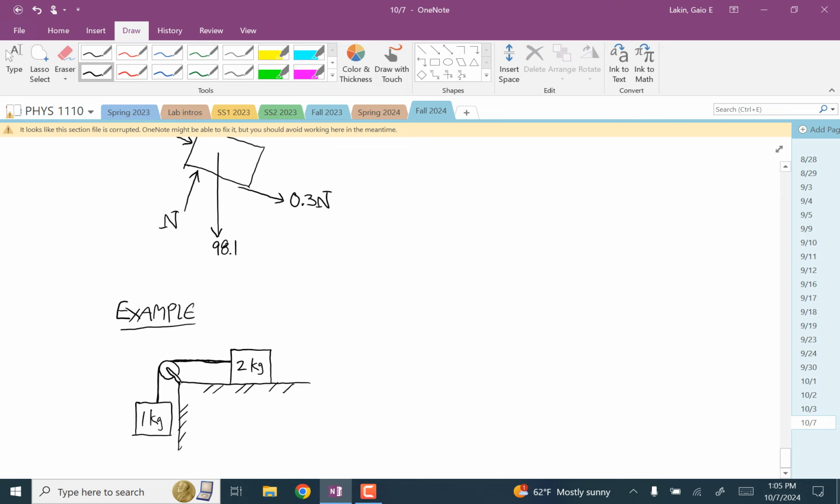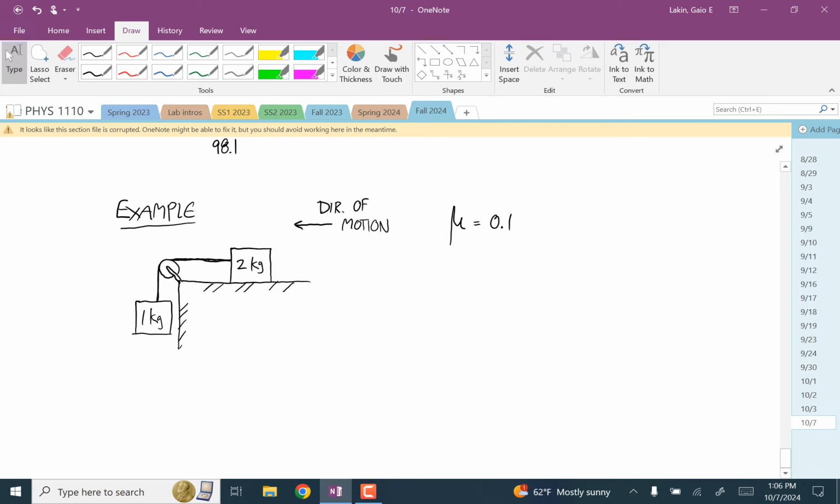And let's say for the 2 kilogram cart, the coefficient of friction is 0.1. And the direction of motion, let's say, is this way. So take a minute and see if you can draw free body diagrams for both of these.